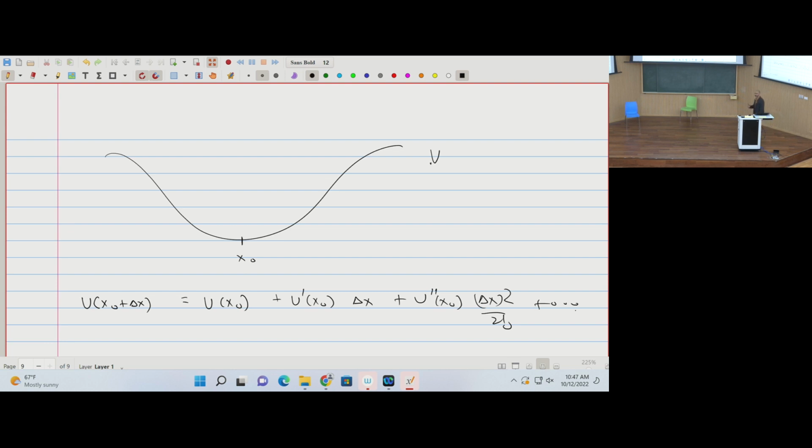That's what Taylor series tells us. It gives us the function in the domain where it is analytic. So very close, in the neighborhood, it is analytic. So we can write U at x naught plus delta x in terms of the information about the point x naught. Now this delta x is very small.